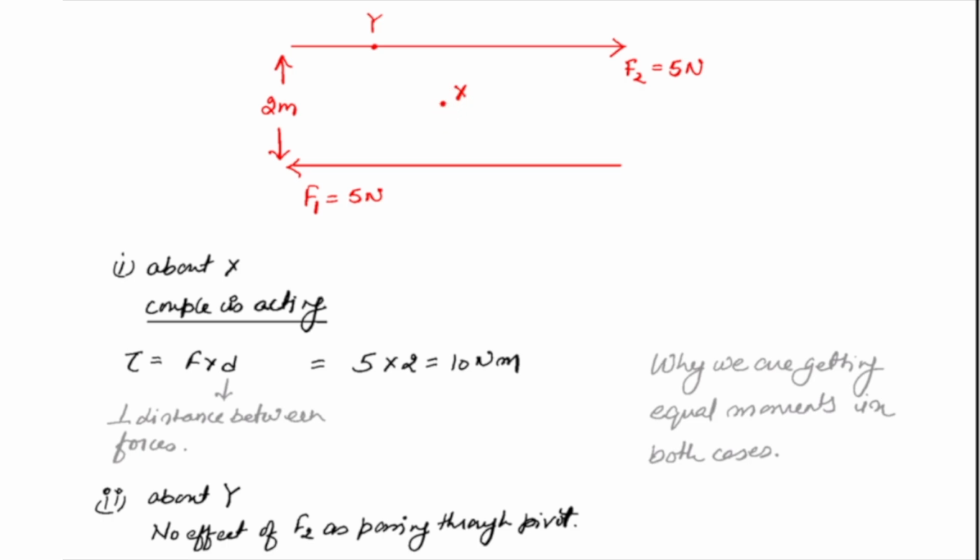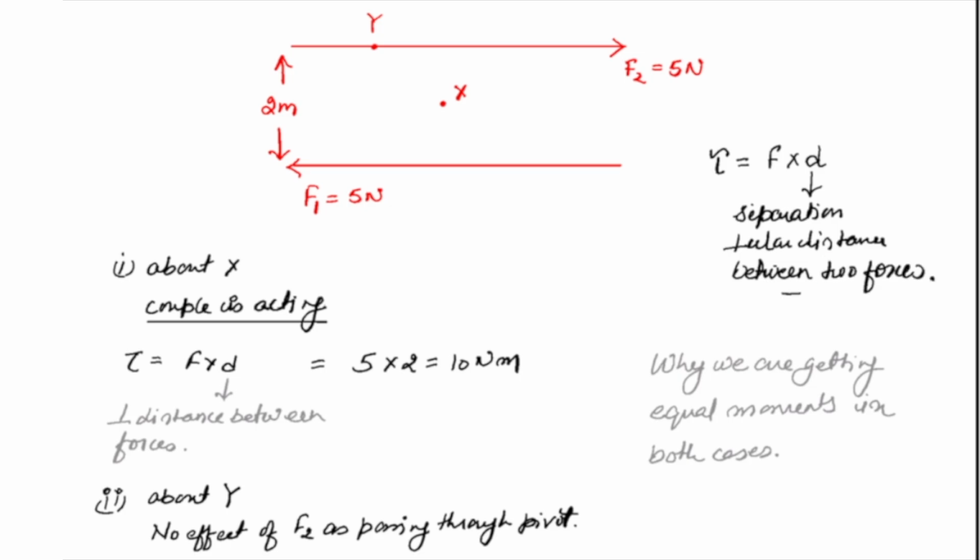And remember, for a couple, the torque is given by force multiplied by d, where d is the separation or perpendicular distance between the two forces. So it is not the distance from the pivot. So remember that. That is the catch when we are dealing with couples.